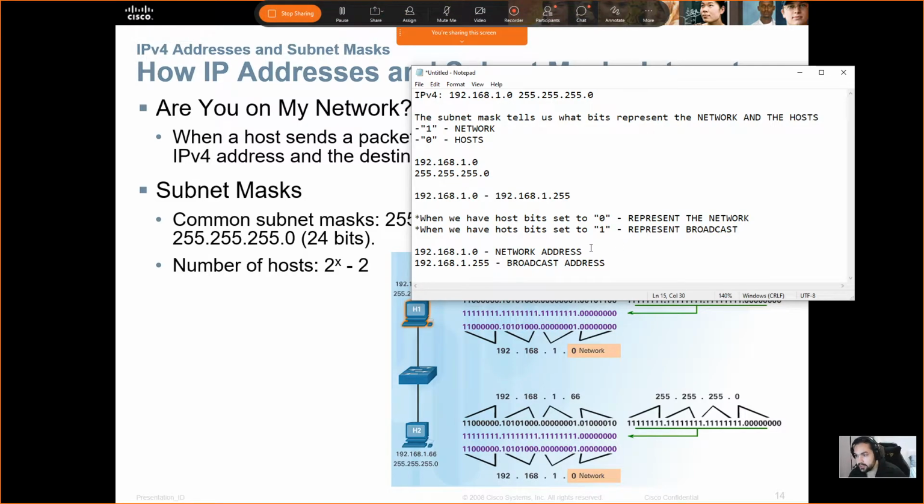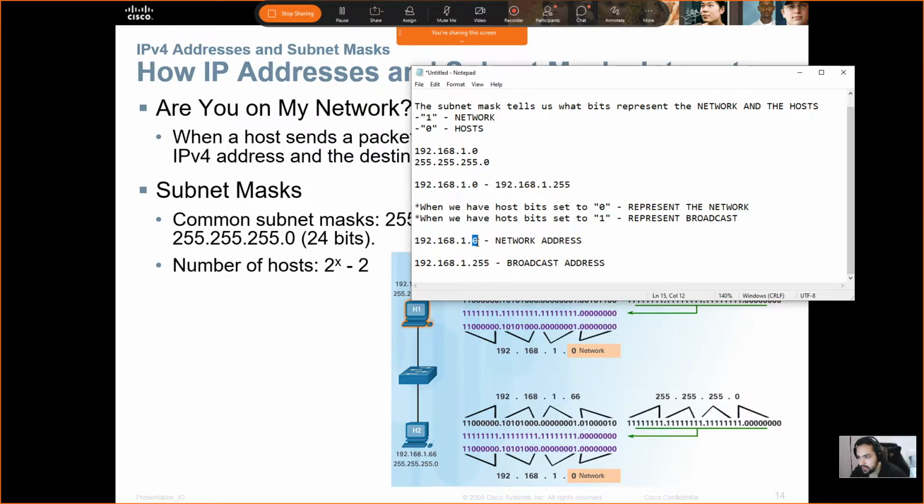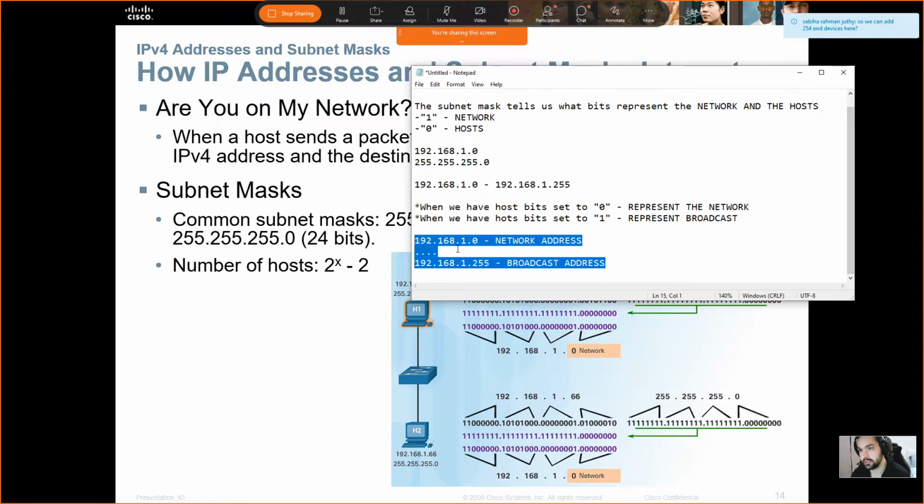As you guys noticed, everything in between these two addresses, that would be .1, .2, .3, .4, .5, .6, everything between 0 and 255, I can assign to a certain host in the LAN. Correct? Everything. So these two addresses are excluded addresses. They need to be excluded.